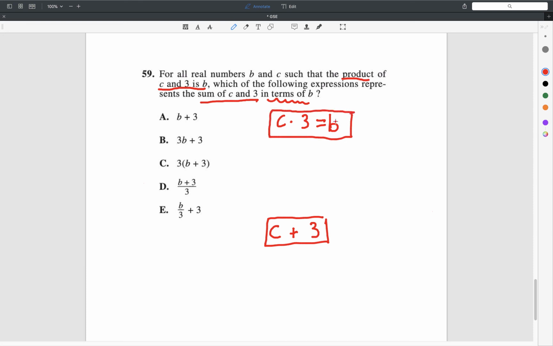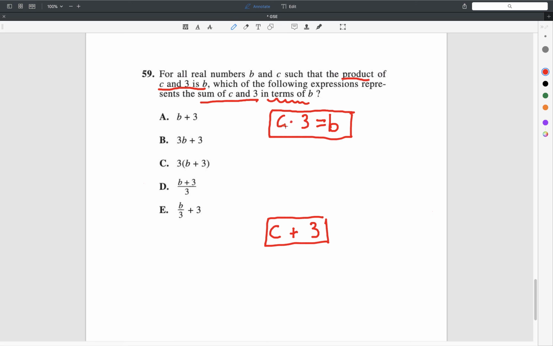And since we want to go down here and just use B, the idea is that we need to re-express C in terms of B. In other words, we need to find out how C and B are exactly related and then plug that in down here. Well, to do that, we can start with this equation and just get C by itself.